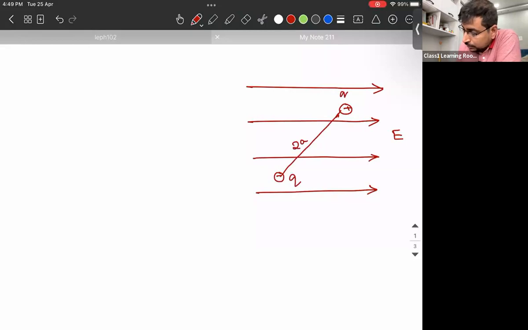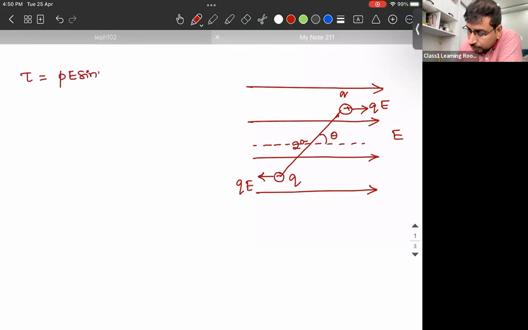There will be a force of QE acting in this direction, and another force of QE acting in the opposite direction, right? If I take this to be a reference line, and let's say the dipole is inclined at an angle theta with respect to the electric field, then it is going to experience a torque of PE sine theta, right?